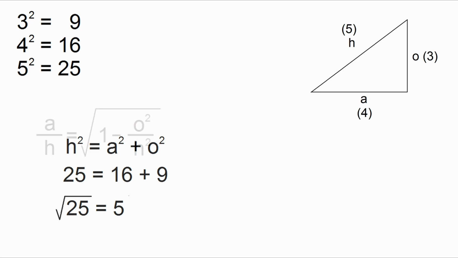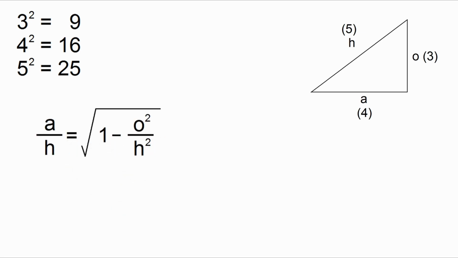Now if we take the Lorentz transformation and do the same thing, here is the derivative I made where a over h equals the square root of 1 minus o squared over h squared. Well, of course, we want a over h to be expressed as a decimal fraction. So the next formula we have 0.8 equals the square root of 1 minus 9 over 25.